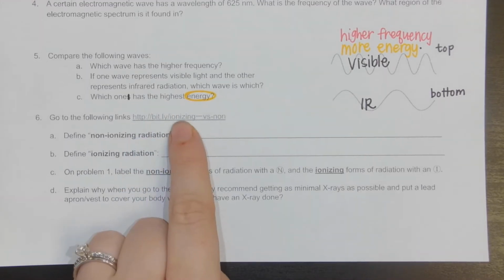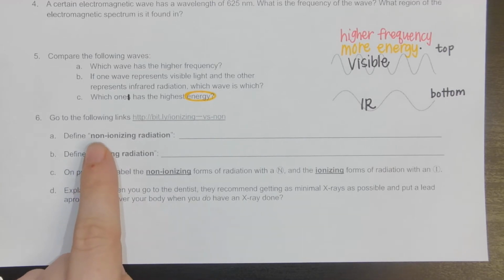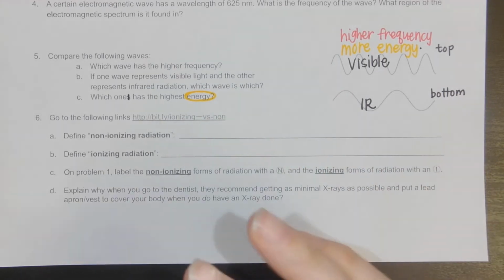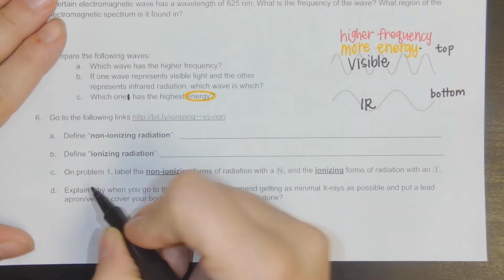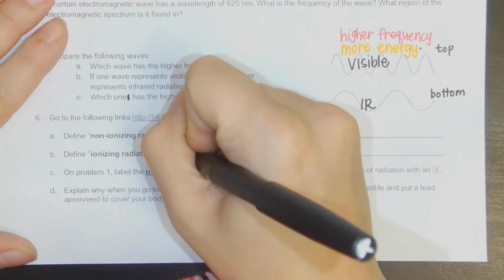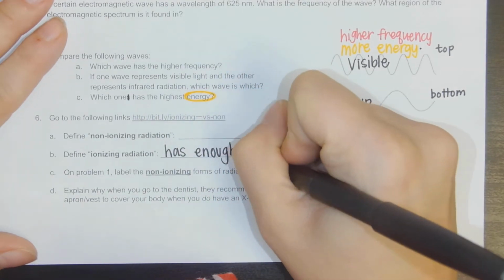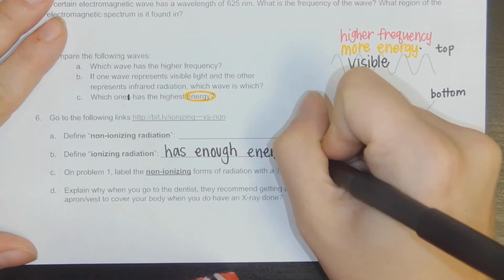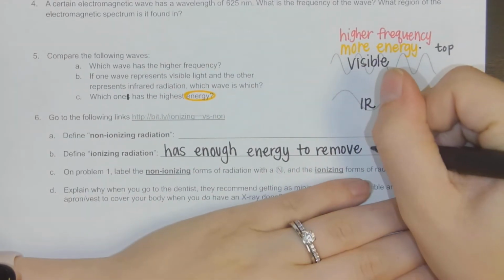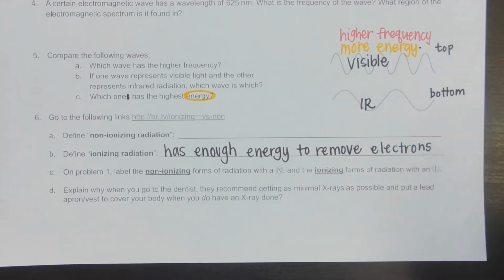Go to the following link, and here it talks about the difference between non-ionizing radiation and ionizing radiation. The word ionizing, so define ionizing, this is when the wave has enough energy to remove electrons from whatever it's hitting.